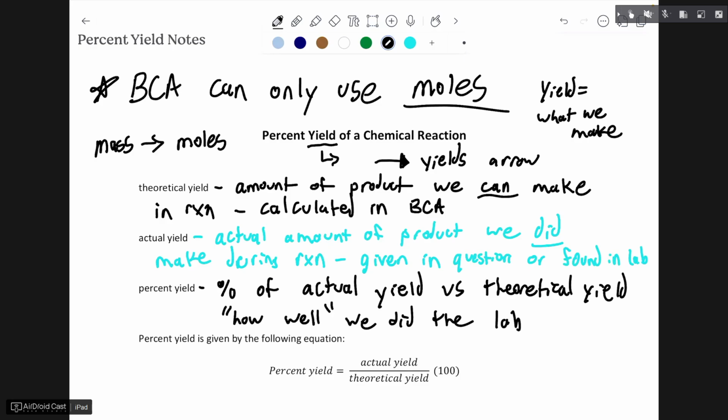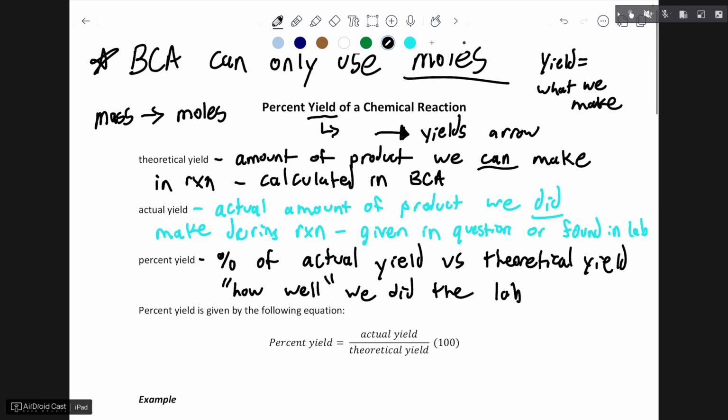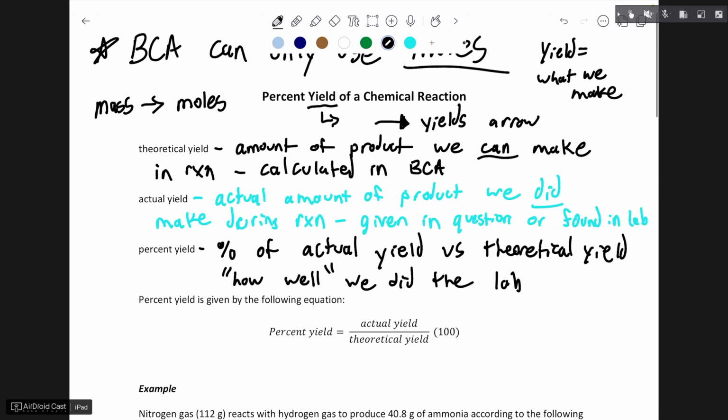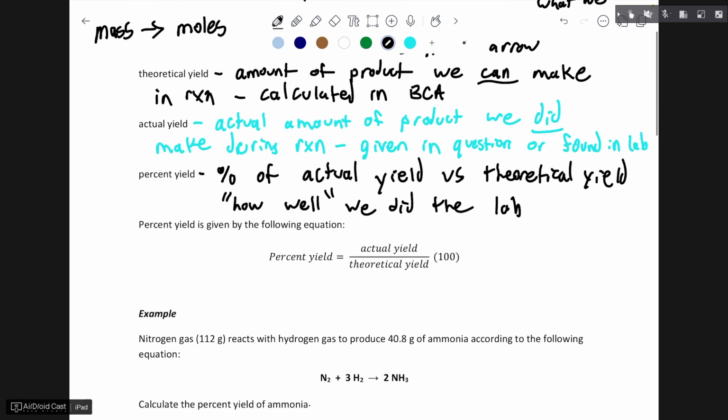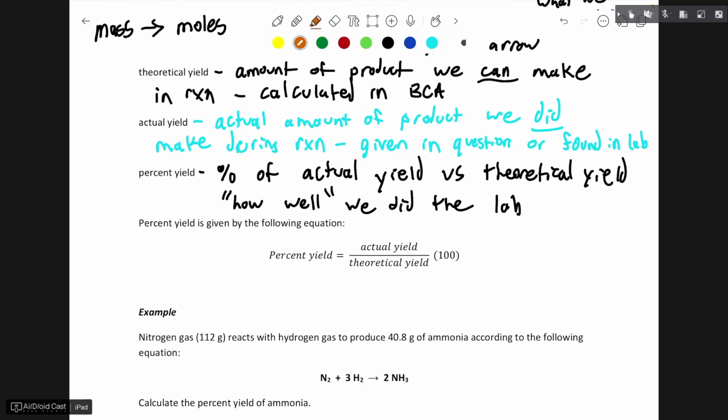In an ideal situation, you would get a 100% yield every single time, but by nature of us making measurements, those things never really turn out that way. We hardly ever end up with yields that are really 90-ish%, that's kind of great work. In a high school lab, I would expect us to be closer to 70, just given the materials that we have and the skills that we're still working on in lab.